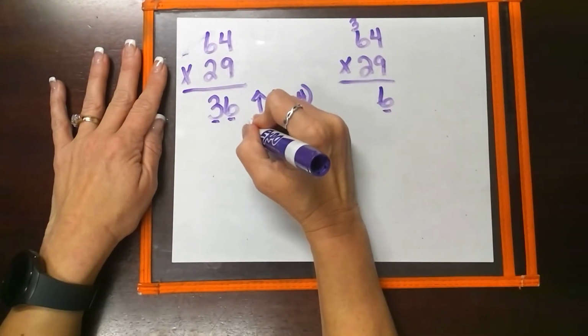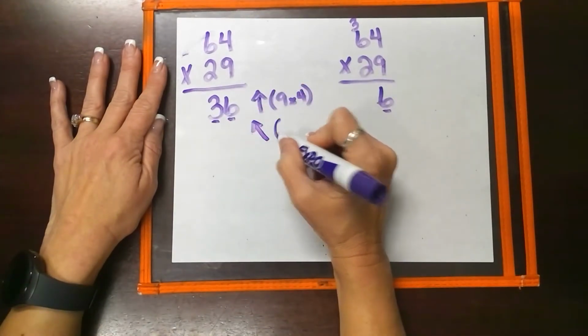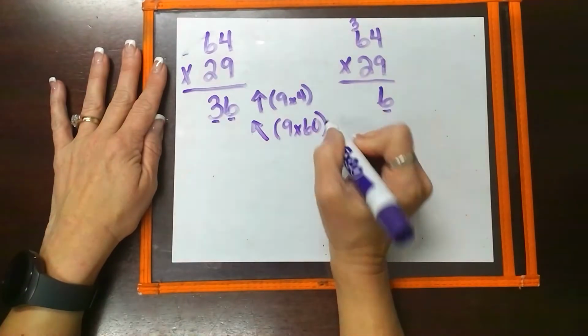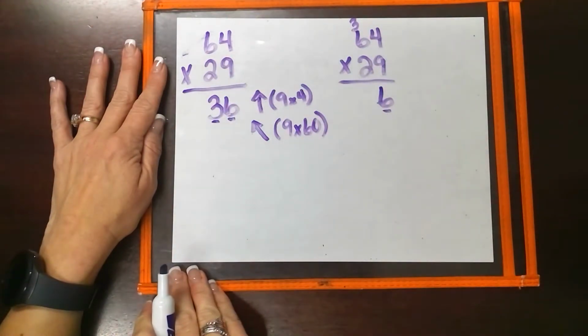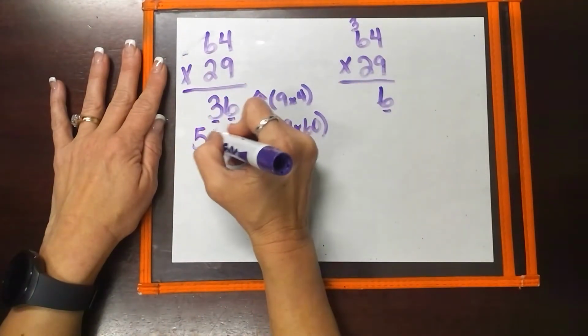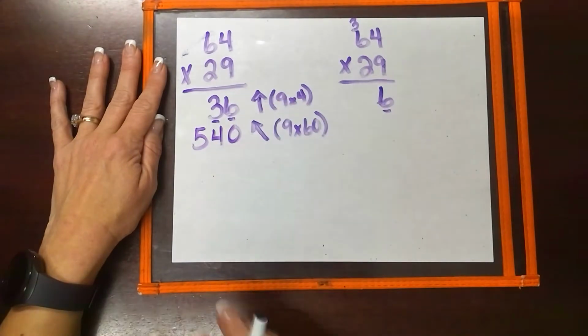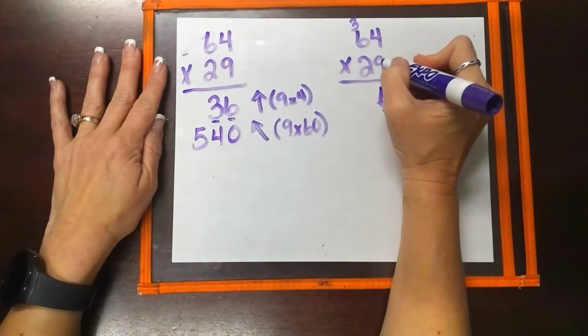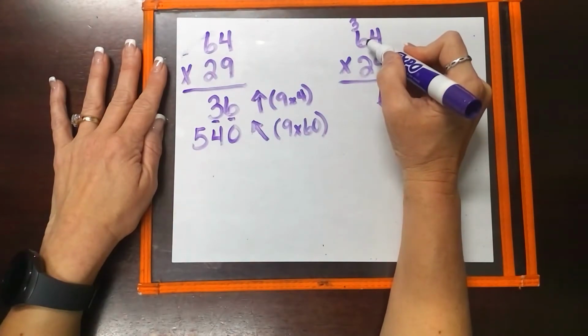So then we go 9 times 60. Okay, so 9 times 60 is 540. Okay, so we would do the same thing here. What is 9 times 6?